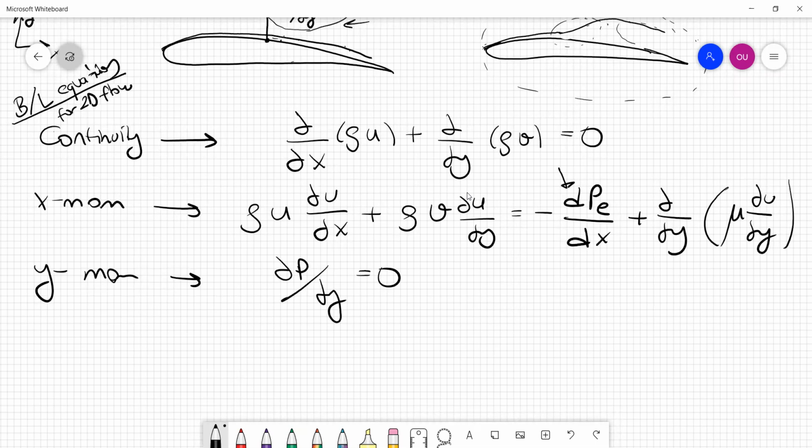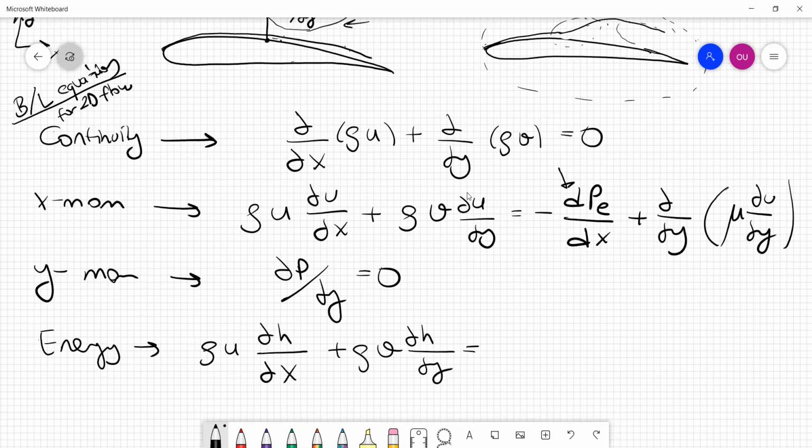Okay, so we are only interested in x and y momentum. And if I write the energy equation for the boundary layer, which we did not derive, but I will directly write it, the h dx is the enthalpy. So this is basically convection of enthalpy.